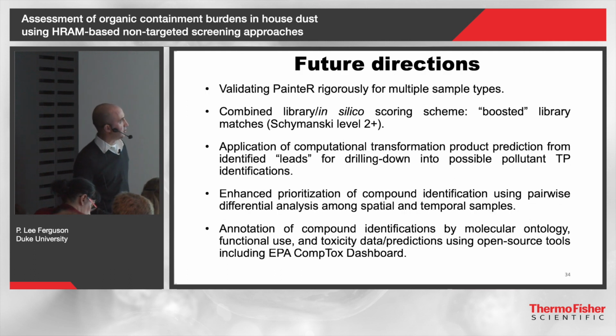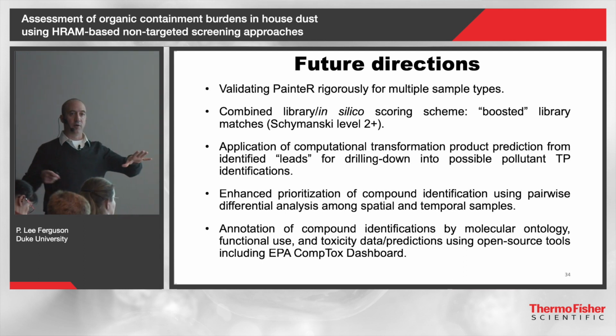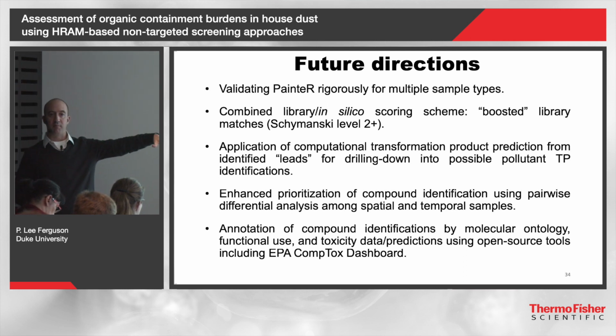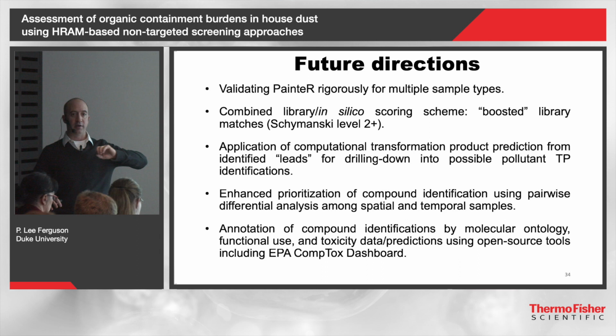In the future, we're validating this Painter tool rigorously for a lot of different sample types. We are also combining the library hits that we get with our in silico MSMS scoring. Just because we get a library match in our data doesn't mean we ignore those in our in silico MSMS annotation. We actually do both.